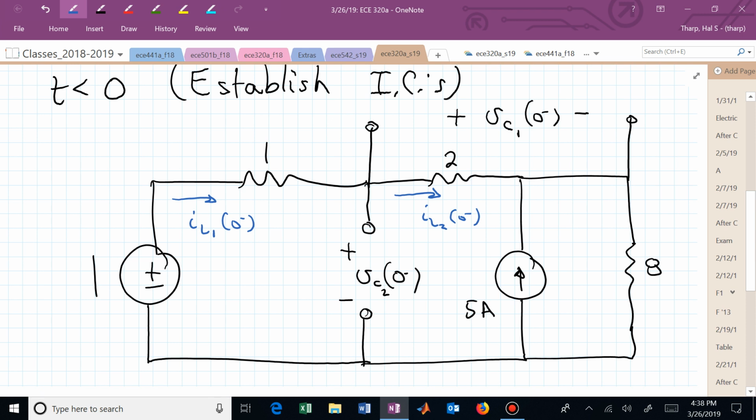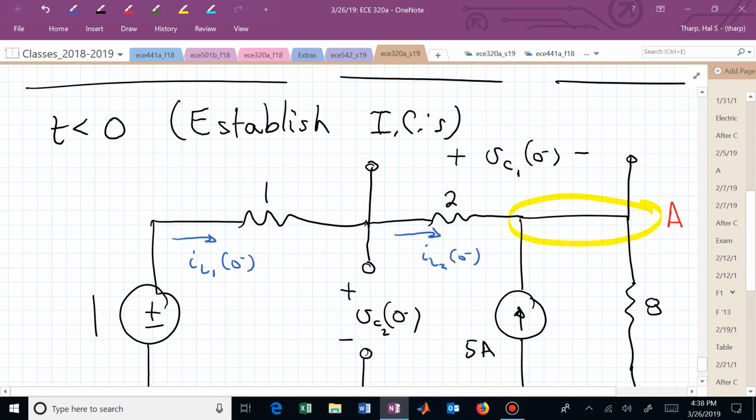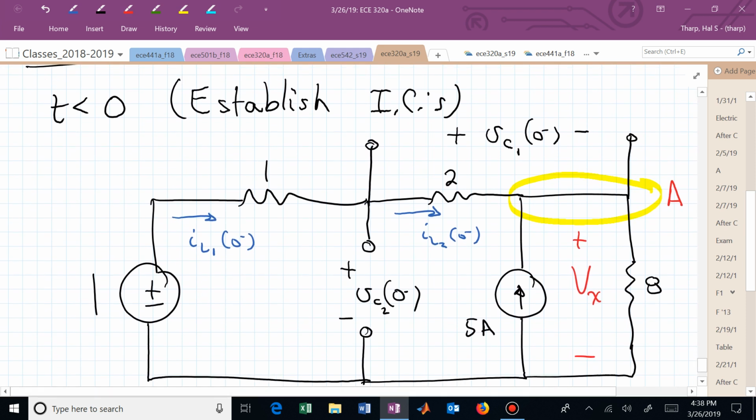What if I now performed KCL over here? Let me call this node A, and let me label this V sub X. I really just have 3 currents to worry about.